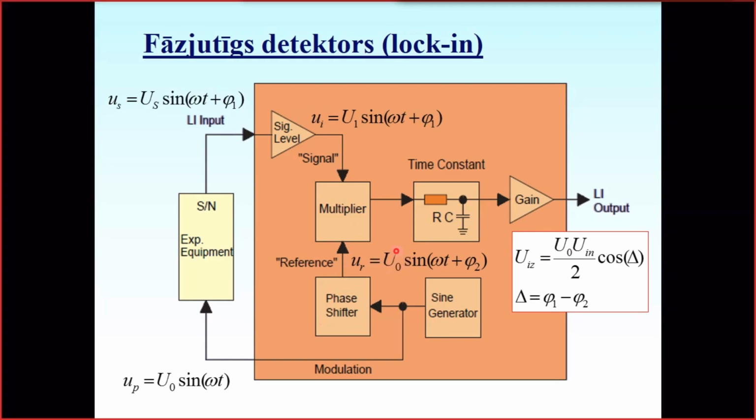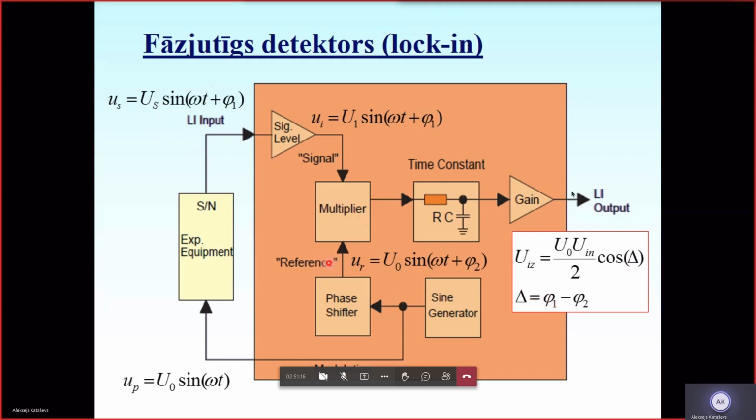We keep it constant and we know it. The output signal will also be proportional to the amplitude of the input signal, US, and to the phase shift between this signal and the reference signal. This phase shift is the difference in phases between the input signal and the reference signal that comes from the generator and phase shifter.